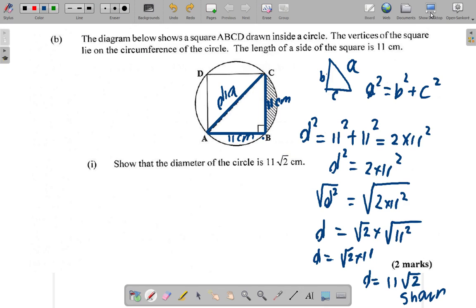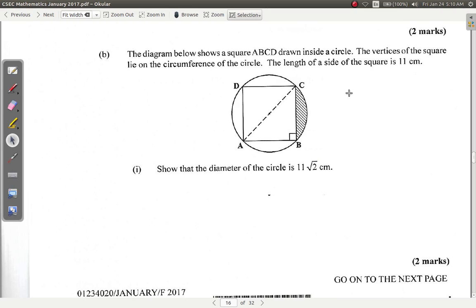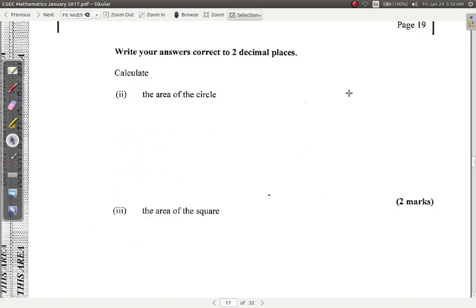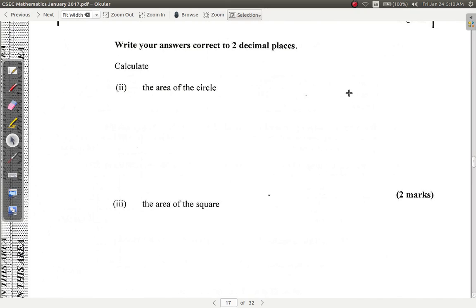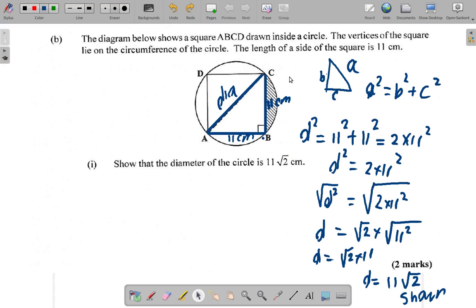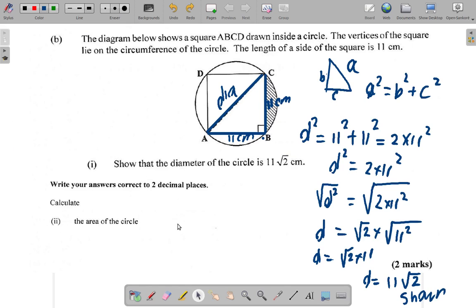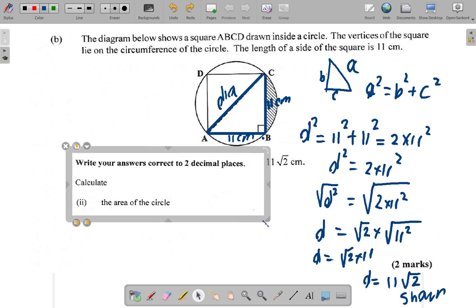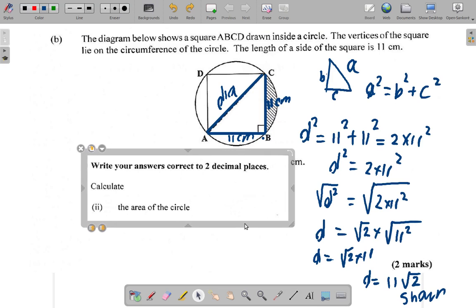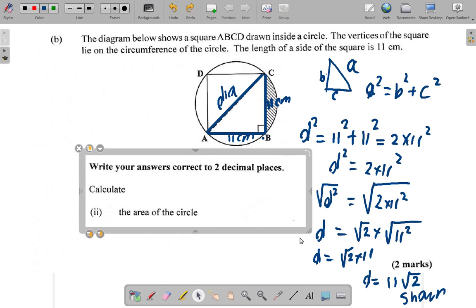Now, let's look at what else they're asking for in this question. Write your answer to 2 decimal places. Calculate the area of the circle. Alright, let's copy this and put it on our other screen, our whiteboard here. I'm going to need some space, you know. Let's put it right here.